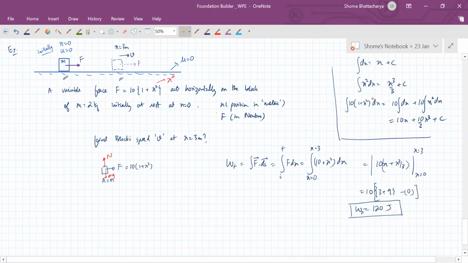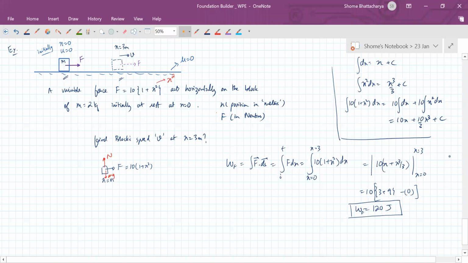Is it clear, Rishi? Yeah, this one is correct. Here it should be 10 into 1 plus x square. Okay.